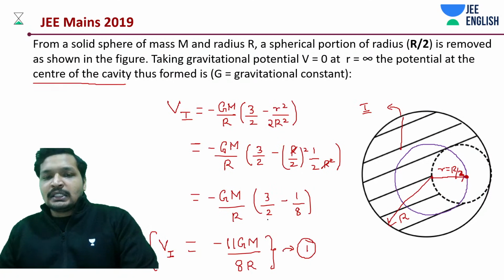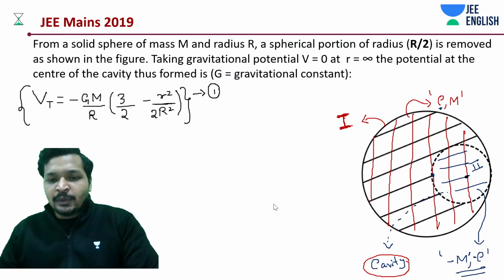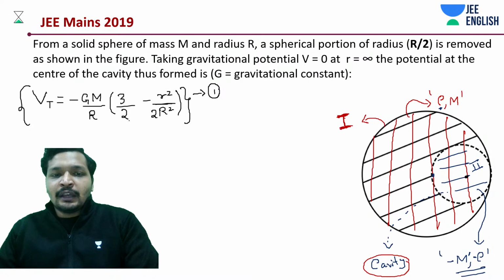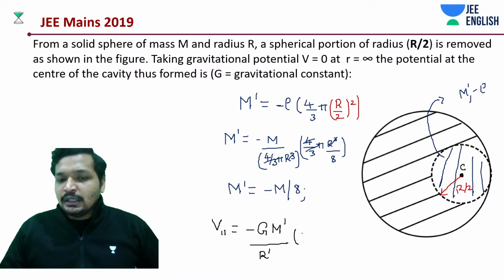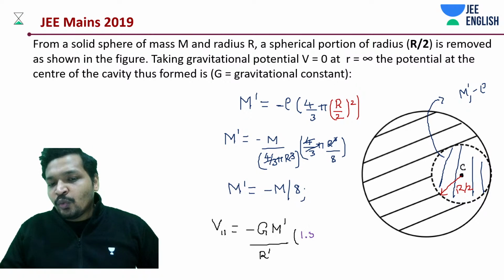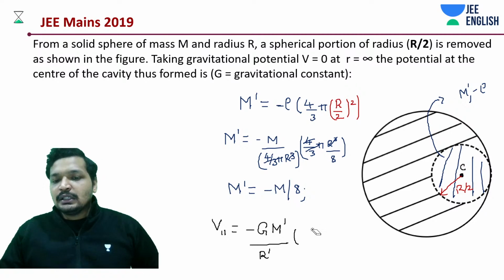You can just substitute r equal to 0 in this case. Again we are dealing with this equation, so think about it carefully. Here you keep this to be 0, you get it as 3 by 2 times, 1.5 times. Let's keep it as 3 by 2, for calculation it's easy.